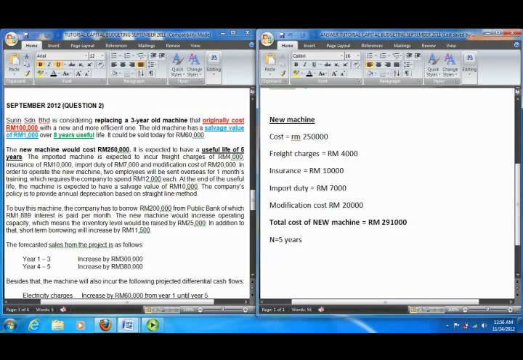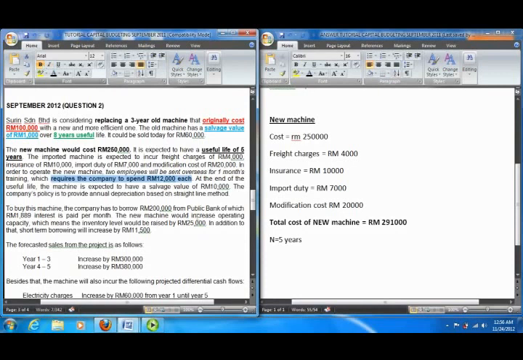Okay, next class. In order to operate the new machine, 2 employees will be sent overseas for 1 month. So the company spends 12,000 each. So this is considered as cost of training. So what is the total cost?